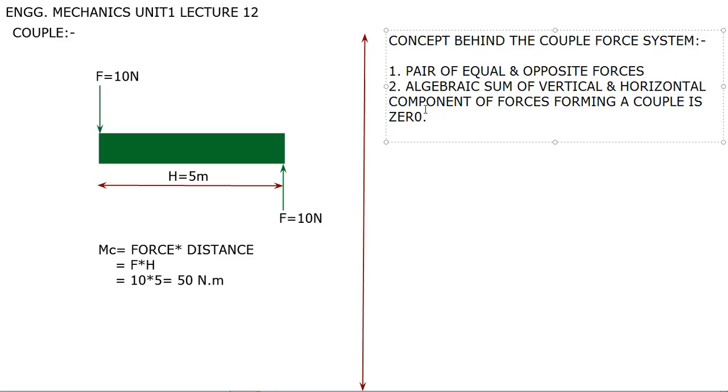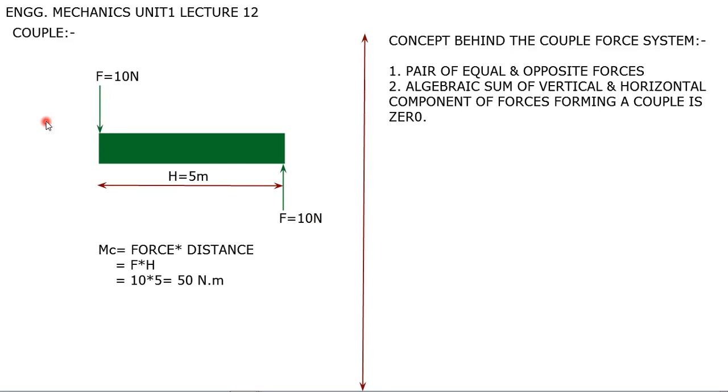Now you can see a live example from this diagram. Algebraic sum of vertical forces: here the two forces, 10 Newton and 10 Newton, are vertical forces. This F is in the upward direction, so it will have the positive sign. This F is going in the downward direction, so it will have the negative sign.